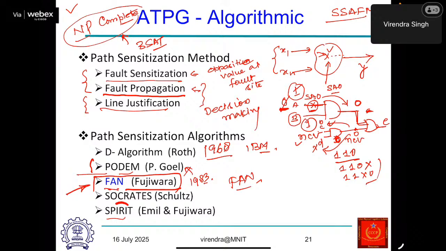Emil, who now works with Synopsys, developed a sequence of techniques which, if you apply them, can identify which kind of heuristics works well for what kind of circuit, and which kind of heuristics won't work well.